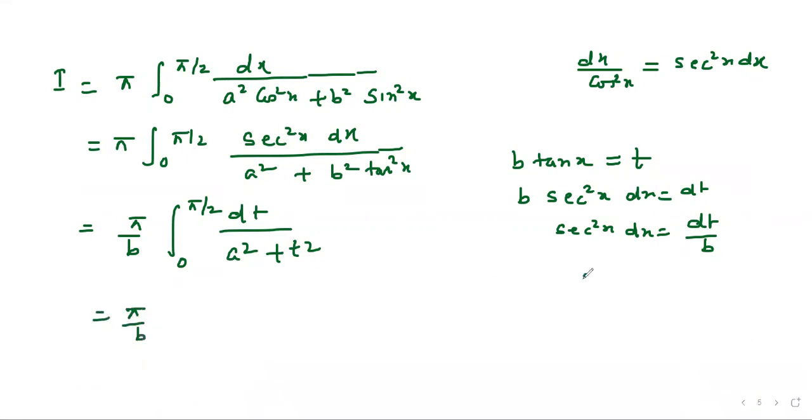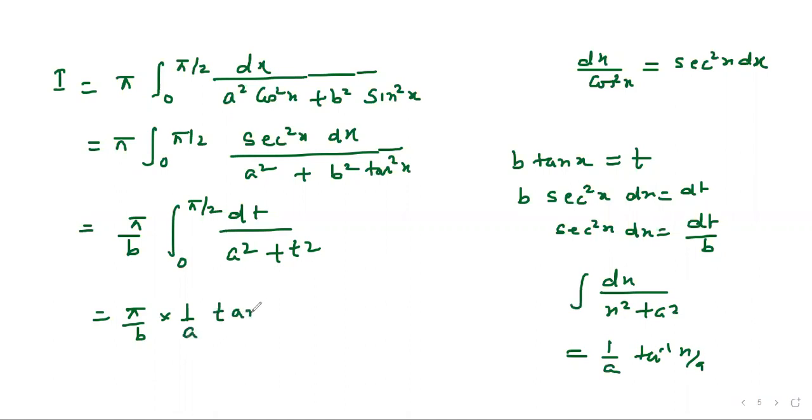Here this is the formula: integration dx upon x square plus a square equals 1 upon a tan inverse x upon a. So this will become 1 upon a tan inverse t upon a, but t equal to b tan x. So we write its limits 0 to pi by 2.